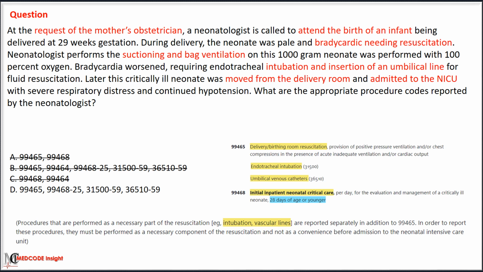Our correct option is option D with the codes 99465, 99468 along with modifier 25, 31500 along with modifier 59, and 36510 along with modifier 59. Modifier 59 is appended to indicate that these procedures were performed before the baby was admitted to the neonatal intensive care unit. Modifier 25 is reported to indicate a separate and significant evaluation and management service.